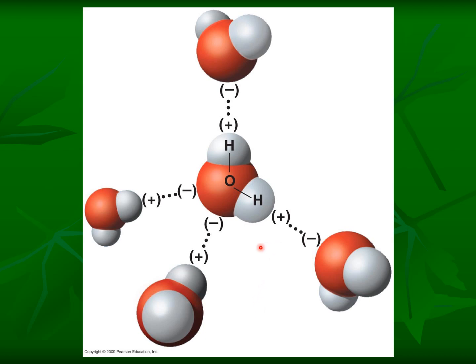So this is the water molecule, this is the water molecule, this is another one. And what happens is the slightly positive area here is attracted to the opposite charge, so a slightly negative area here. This dotted line right here indicates that that's a hydrogen bond. Why? Because one of the components is hydrogen. That's how it gets its name. Just by tradition, if there's a dotted line, that's usually indicative of a hydrogen bond.